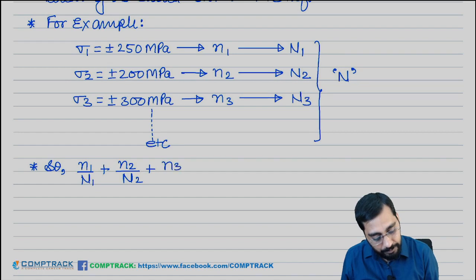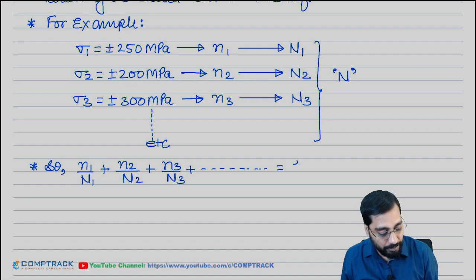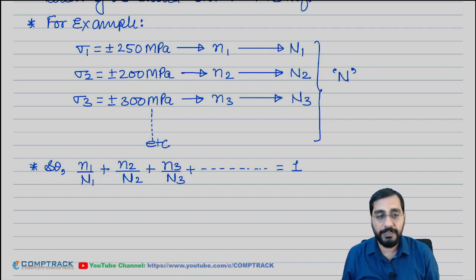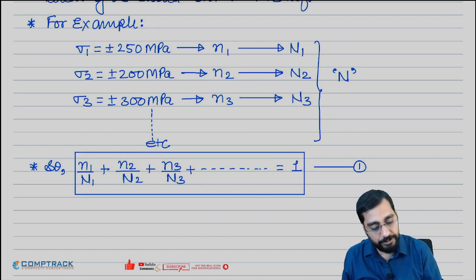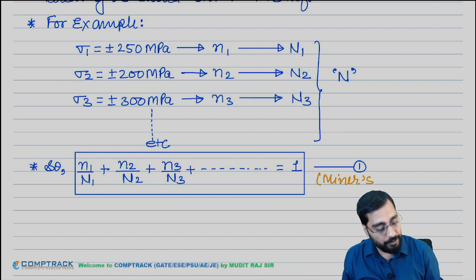Similarly, this will also be a fraction. When you add all these fractions, the total value will be 1. So this will be your equation 1, and it is called Miner's equation.